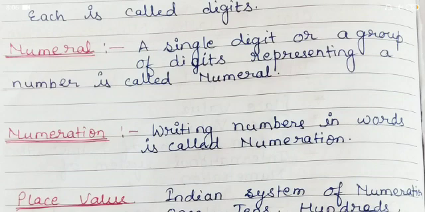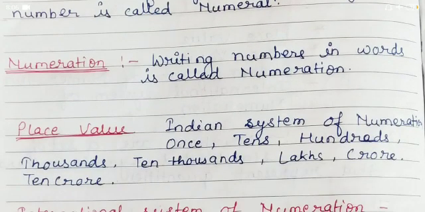So students, let us discuss the place value of a number. What is the place value? In the system of numeration, if you want to get the value of any digit in any numeral, that is the place value of the digit.